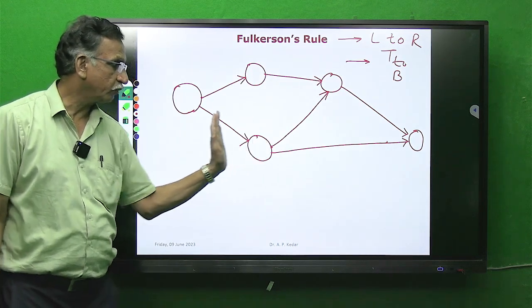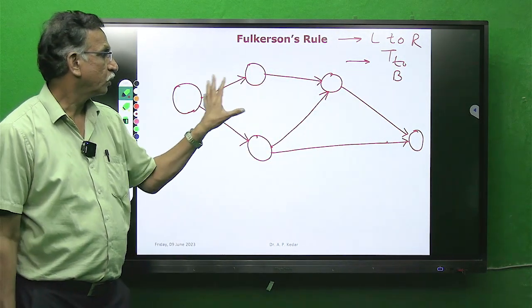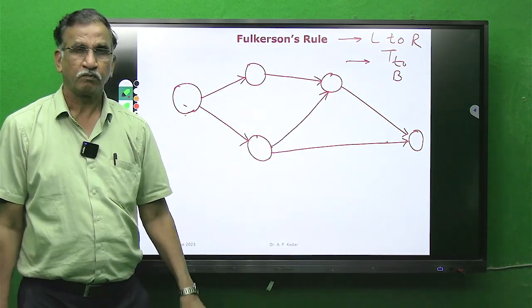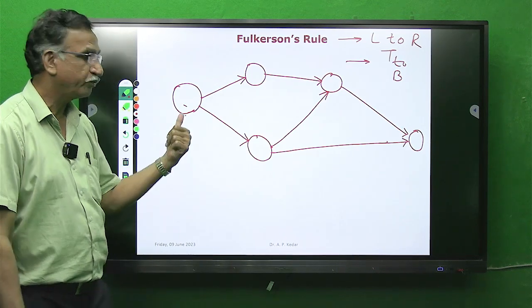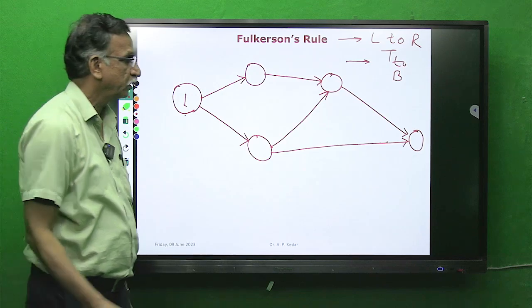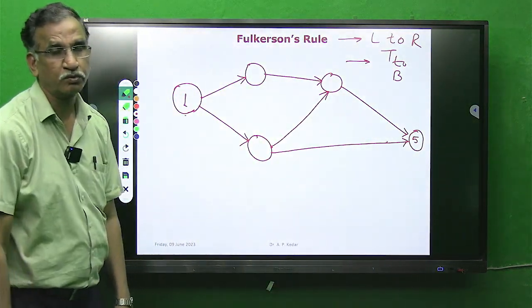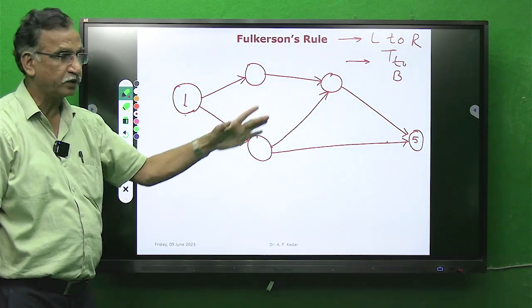Time will flow, the network will flow in this direction. So count the number of events 1, 2, 3, 4, 5 without hesitation. Students, this is very important. Without hesitation, give the first event as number 1 and the last event as number 5, because we have counted a total of 5 events. So this is the start, that is the finish.